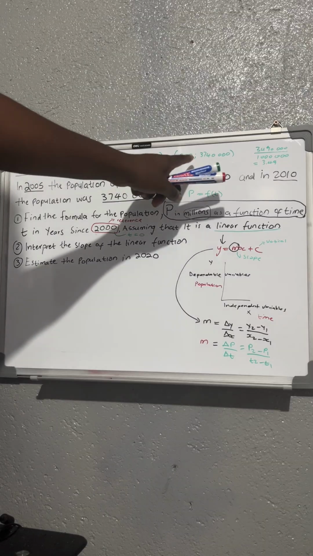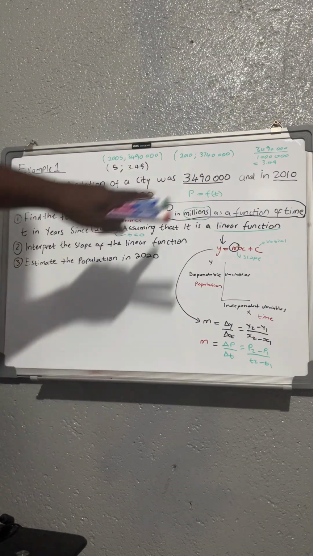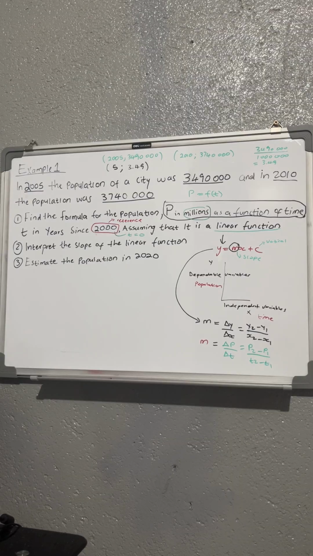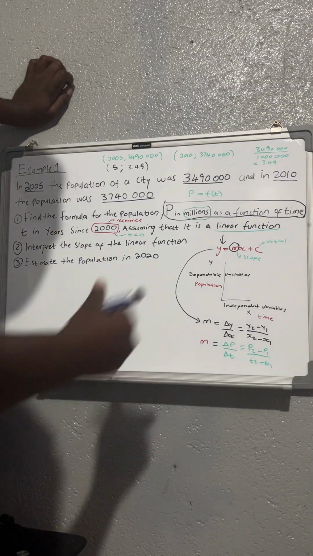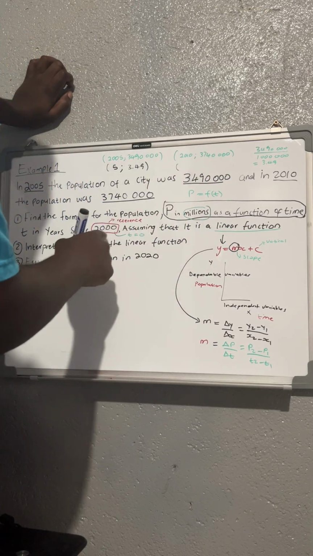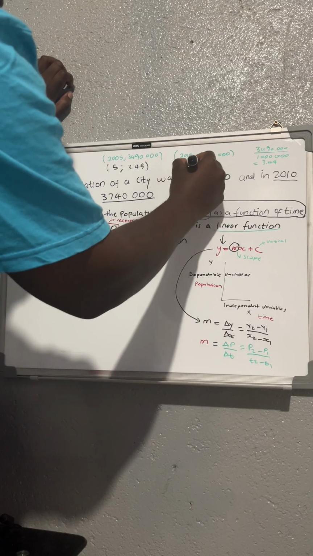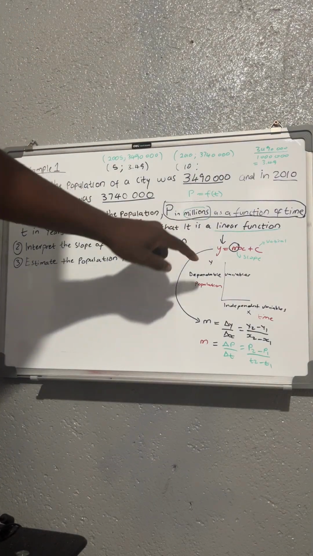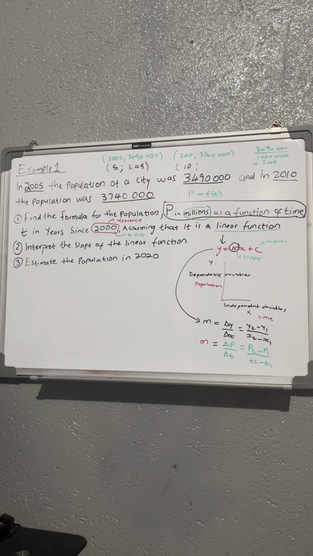Now same thing comes to this one. You have your 2010, then you deduct your reference year, which is 2000. In this case, you will say 2010 minus 2000. This will give you your 10. Then remember, since they said it's in millions, you just divide this one by a million.